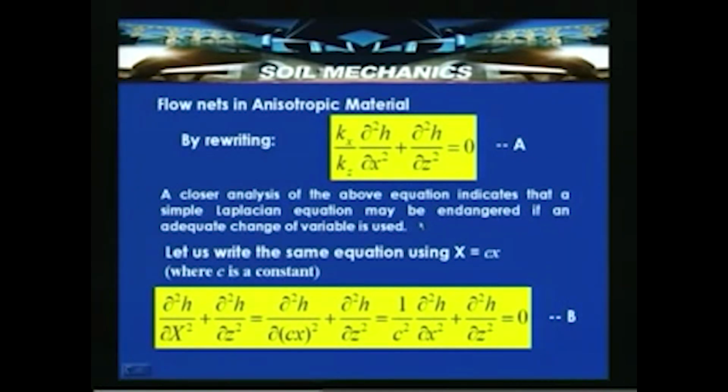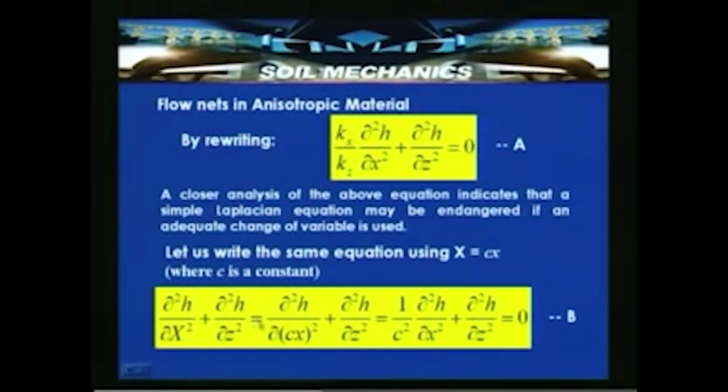So let us write the same equation by substituting capital X is equal to small c times x, where c is a constant. Now, by substituting X is equal to cx, we can write the same equation as dou square h by dou cx whole square plus dou square h by dou z square, which can be written as 1 by c square into dou square h by dou x square plus dou square h by dou z square is equal to 0.